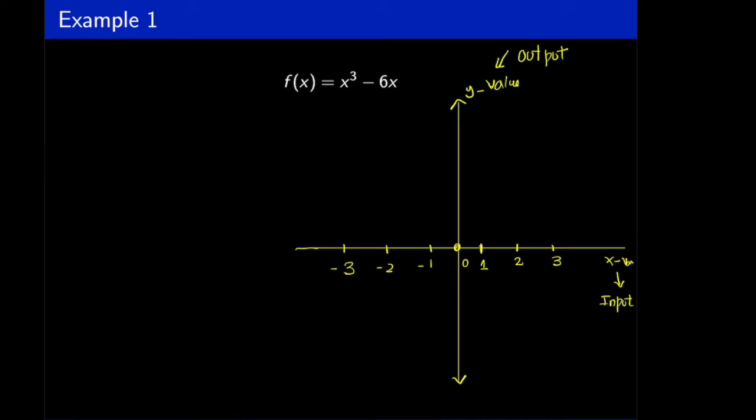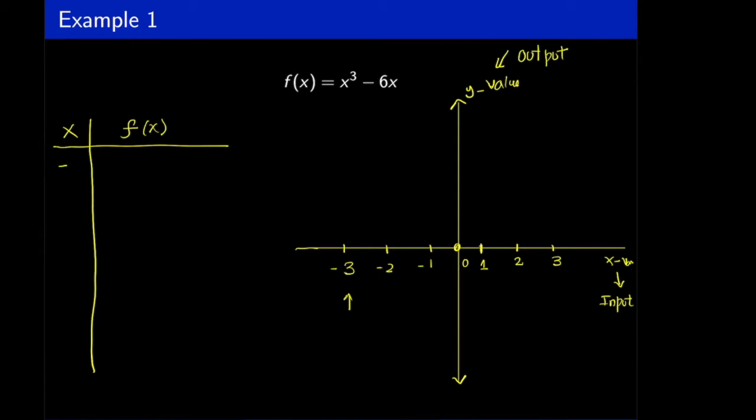Now next, for each input value, we will calculate the output value. It will be easier if I draw a table. Now I will take the input value and calculate the output value of the function. For example, I'm going to start from this -3.